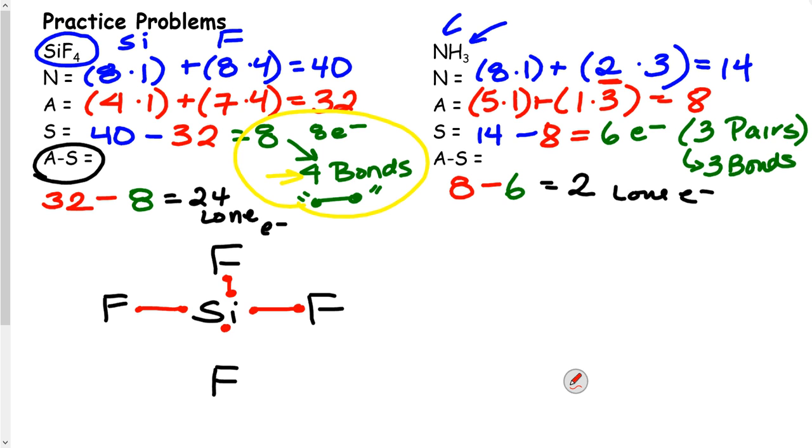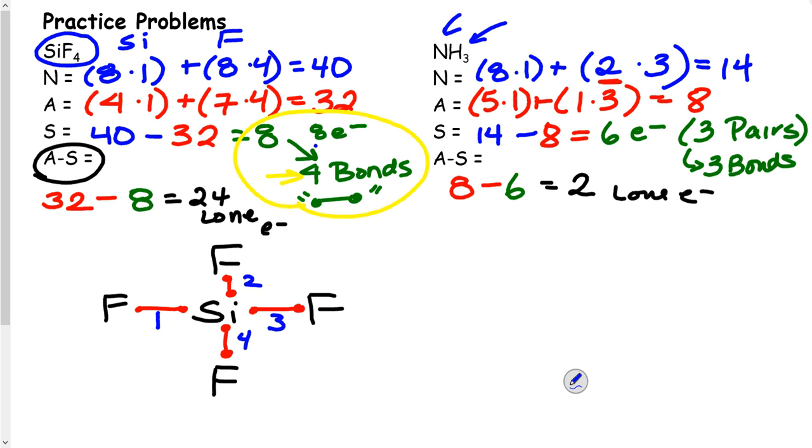And as I'm doing this, I'm exaggerating the bonds by putting the electrons on the end of it. So if we look at what we've calculated, we have 4 bonds. So we have 1, 2, 3, 4 bonds that we've now placed between the silicon and the fluorine.